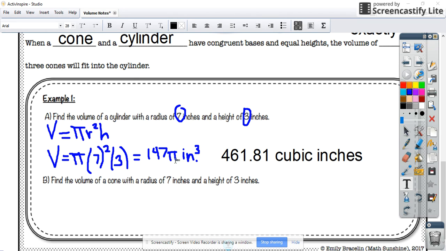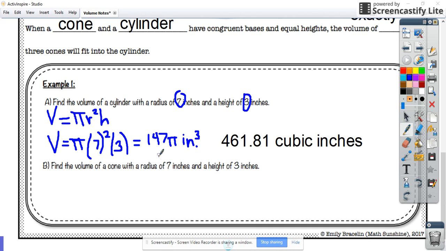Okay, so letter B says, find the volume of a cone with a radius of 7 and a height of 3. You'll notice that you've got the same information. Before we were finding the volume of a cylinder, now we're finding the volume of a cone. And one of the things that was mentioned earlier is you can take the volume of the cylinder and just divide it by 3, and that gives you the volume of the cone. So we can just take the answer we just got, 147 pi.